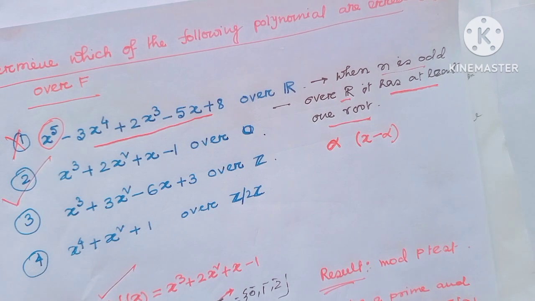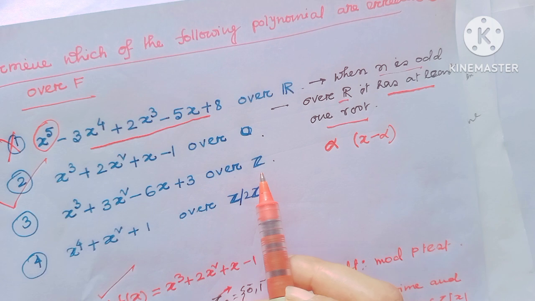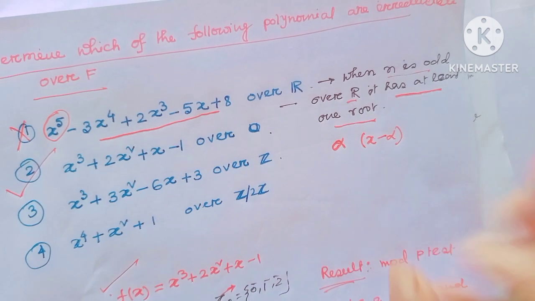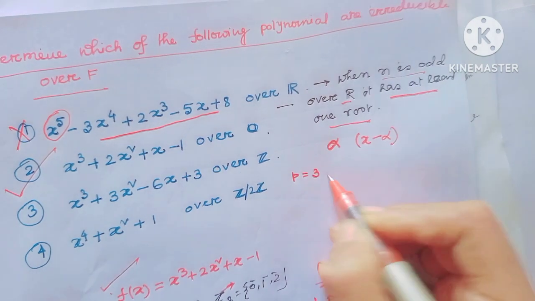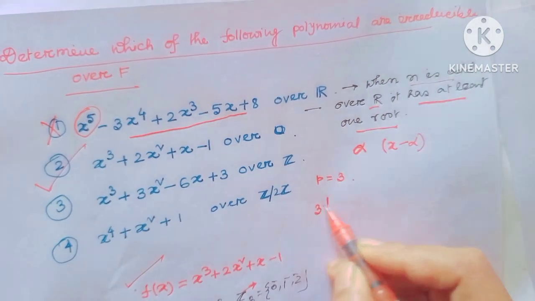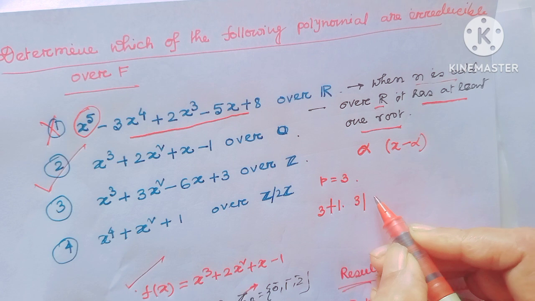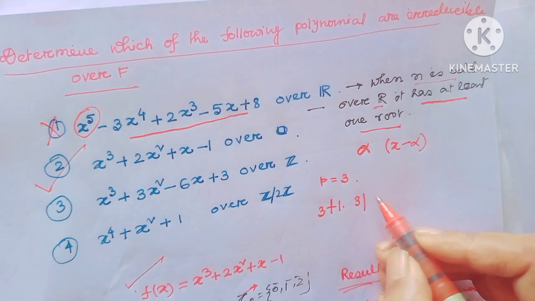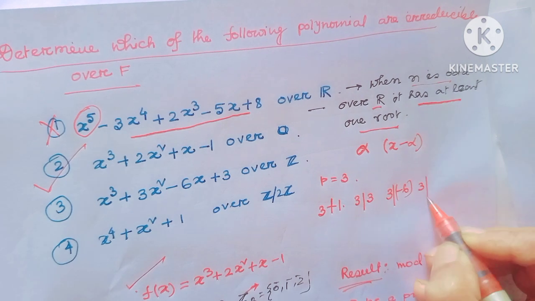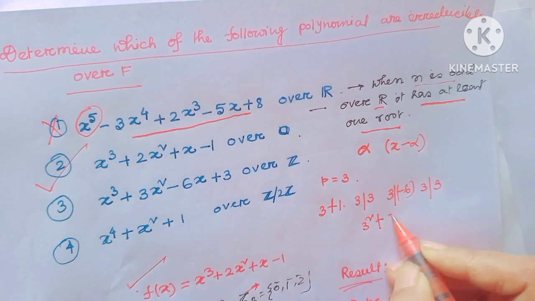Option 3, here I have x cube plus 3x square minus 6x plus 3 over Z. Here also I will use Eisenstein criteria. Consider p equal to 3, and notice for n equal to 1, 3 does not divide 1, but 3 does divide the rest: 3 divides 3, 3 divides minus 6, 3 divides 3, but 3 square, that means 9, does not divide 3.